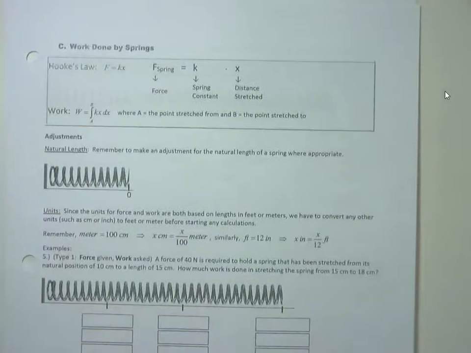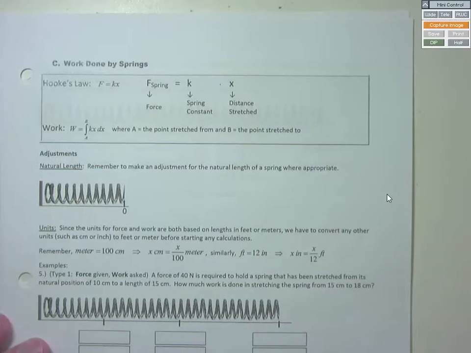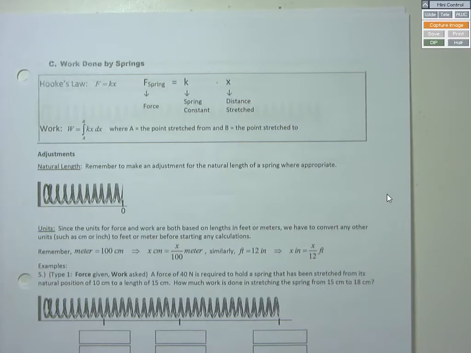Well, the next kind of problem is called springs. Now, things you guys need to know about springs. And again, we are bringing up a lot of physics stuff in here because this is a physics problem. But if you've never had physics before, don't worry, we'll give you the formula.